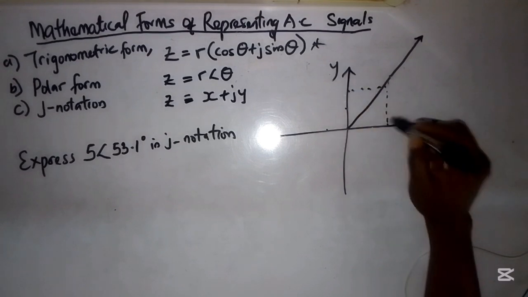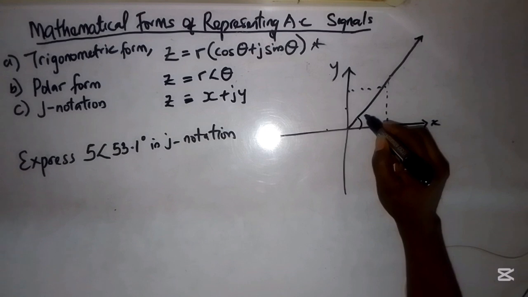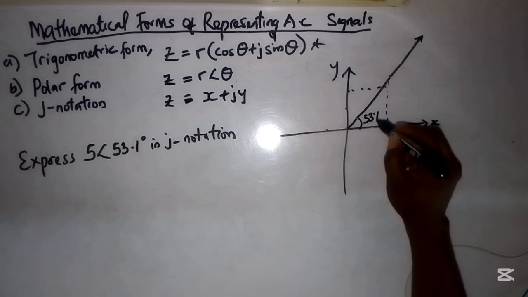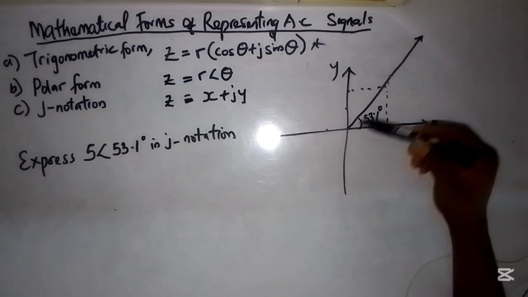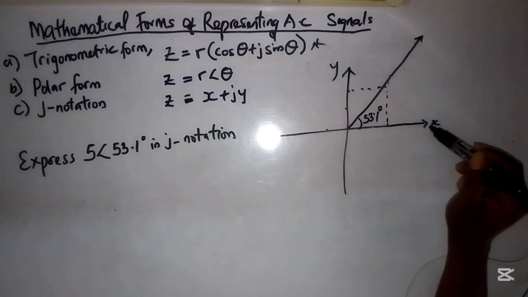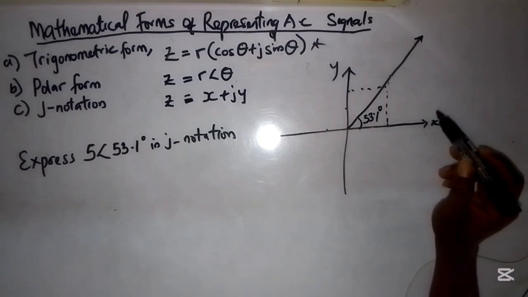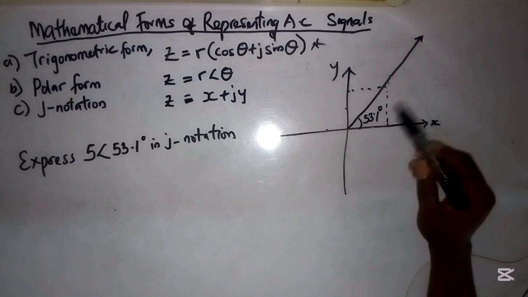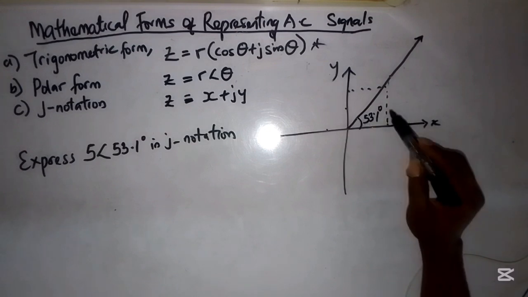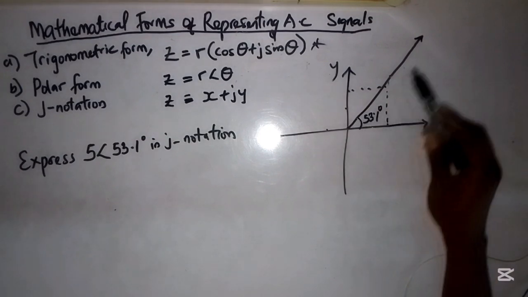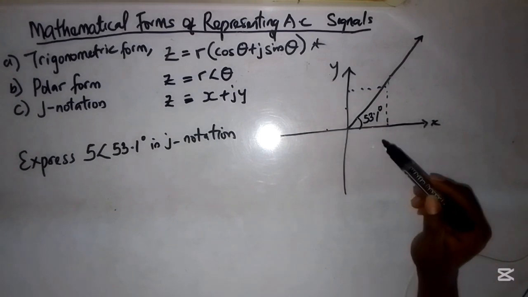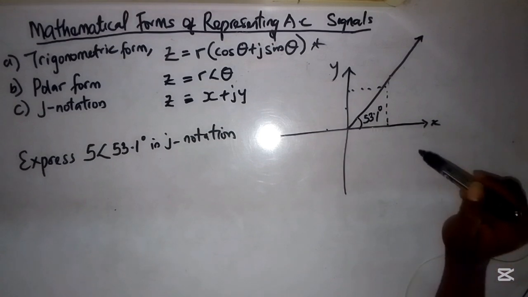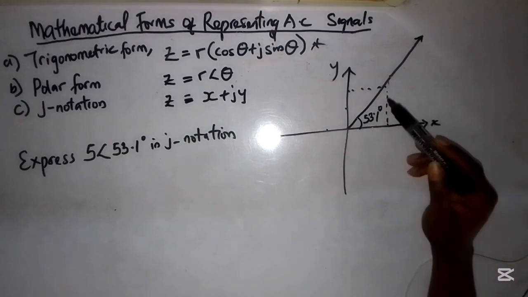We don't know the value here, we don't know the value here, but we have an angle of 53.1 degrees. So the next thing we're going to do is look for the relationship between our hypotenuse and our x. From our trigonometric ratios, we can see that the relationship between the hypotenuse and the adjacent is cos.